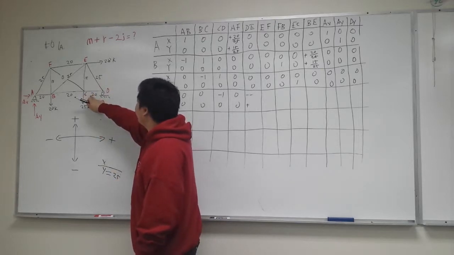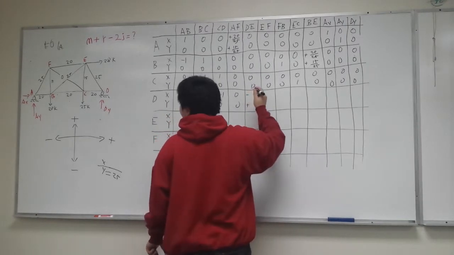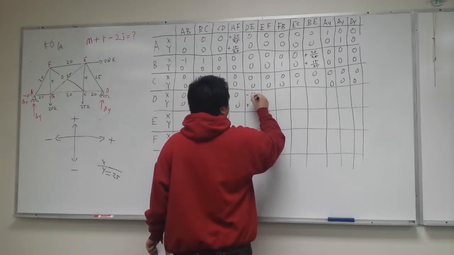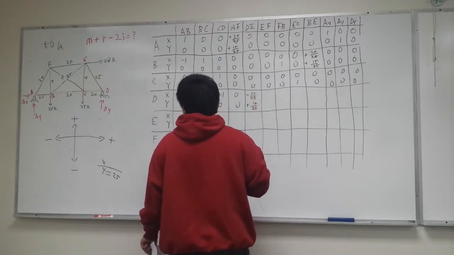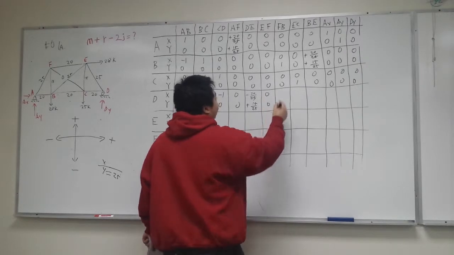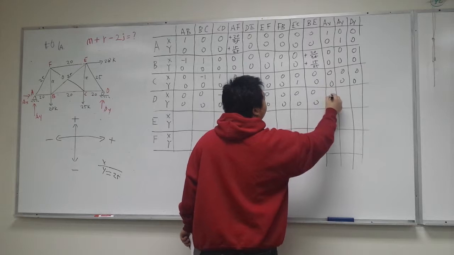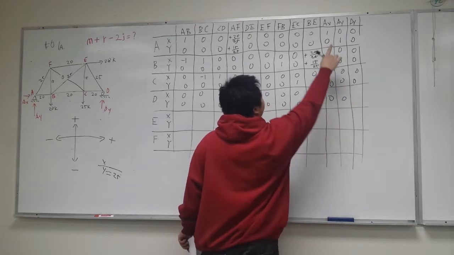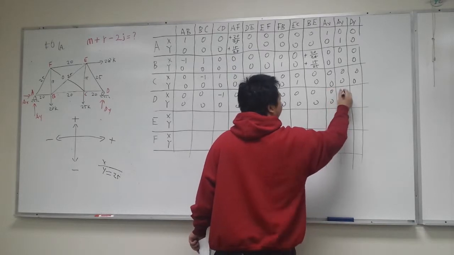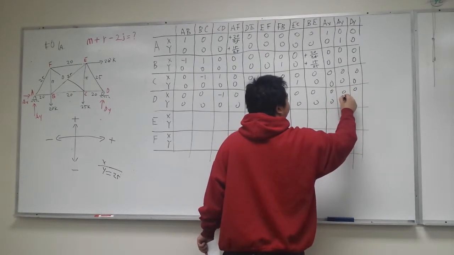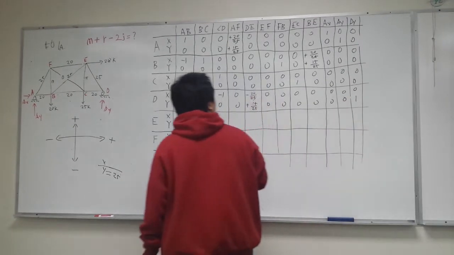So X is 20 over 25, Y is 15 over 25. D has nothing to do with FE, so 0, 0, 0, 0. Nothing. DY. In the x-axis, have nothing, and in the y-axis, we have DY, so we have 1.